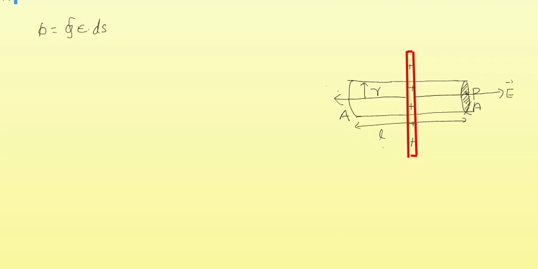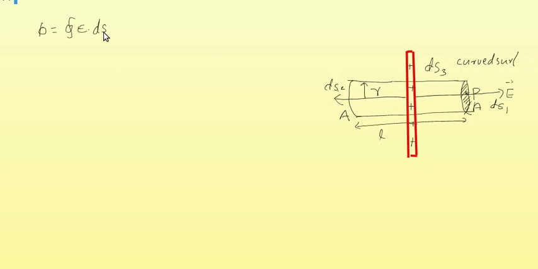From the definition of electric flux, we have phi is equal to closed integral E ds. And what is this ds actually? There are three parts for this surface area. One is ds1, which is a closed face of the cylinder. ds2 is also a closed face of the cylinder, and ds3 is the curved part of this cylinder.